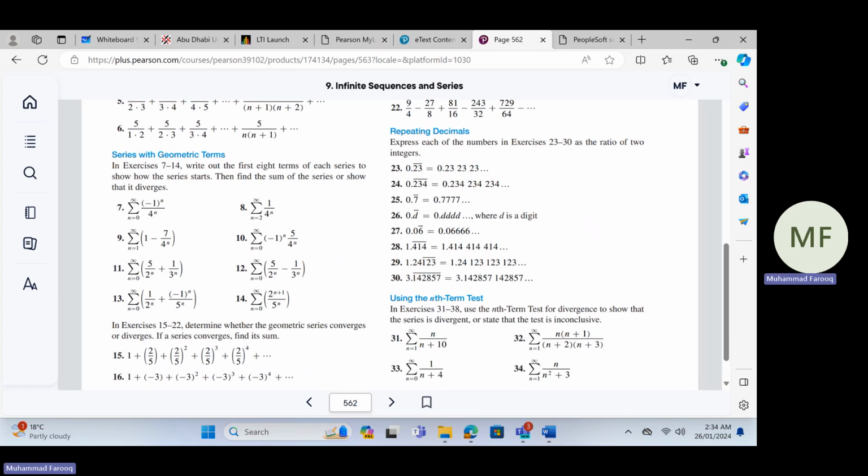We don't accept decimals; we write it as something over something. It's the same thing here. This is a decimal, and we have to convert it into a fraction, with an integer up and an integer down. So let's start with how we answer this question.